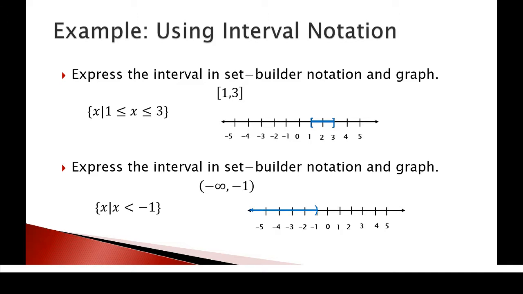Then mark -1. Here we use parentheses because we have parentheses here. Then mark all the values which are less than -1.